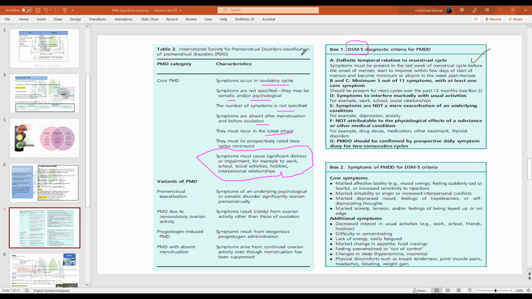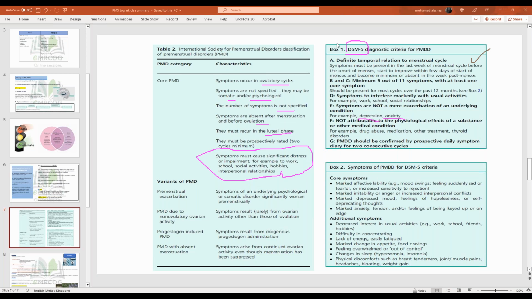Okay, so next, symptoms interfere markedly with usual activities. This is easy: work, school, social relationships. E is that symptoms are not a mere exacerbation of an underlying condition. So we need to make sure that she is not a chronic depression patient or a chronic anxiety patient.